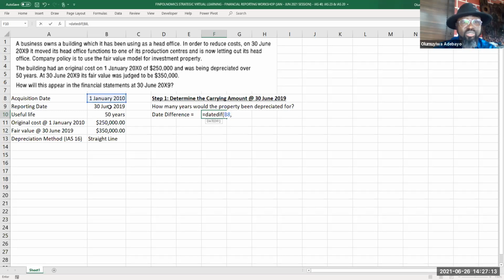Between acquisition and today, in years. That is 9 years, but it's not exactly 9 years.